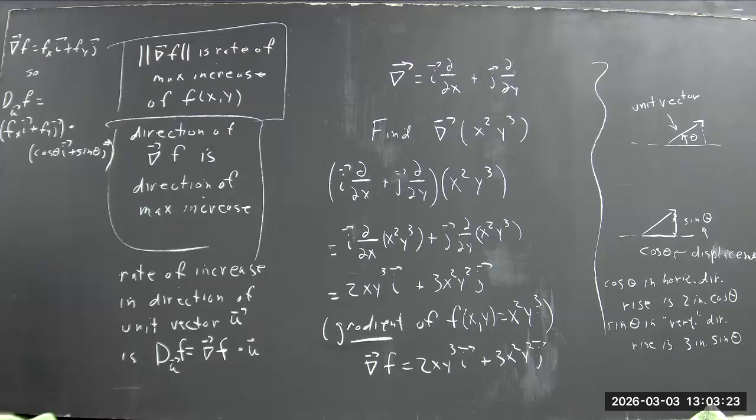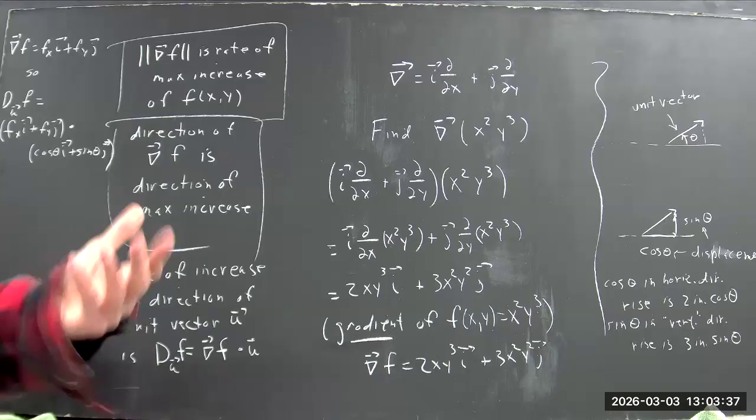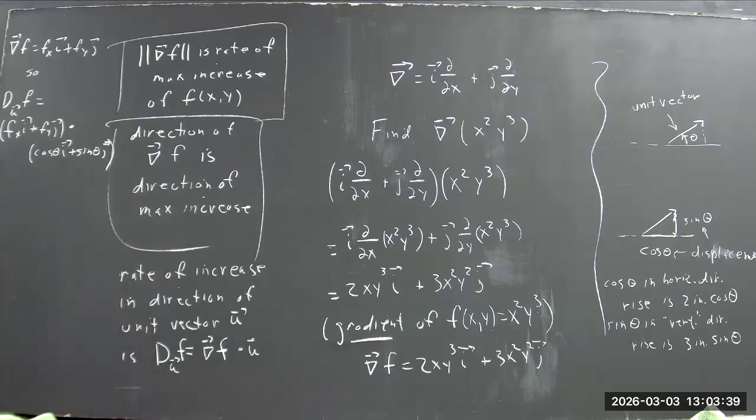Because of course, any unit vector can be written as cosine theta i plus sine theta j, right? Remember that from earlier, one of the easier things you've done. Hopefully you haven't lost track of it because you're going to continue to need it. But yeah, this will refresh it. Okay?